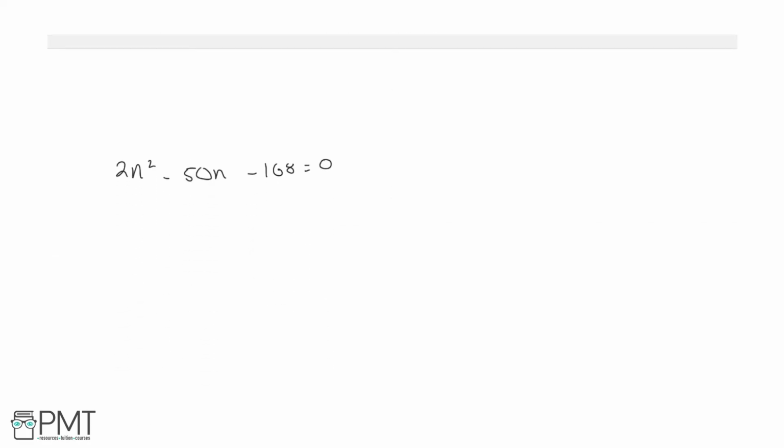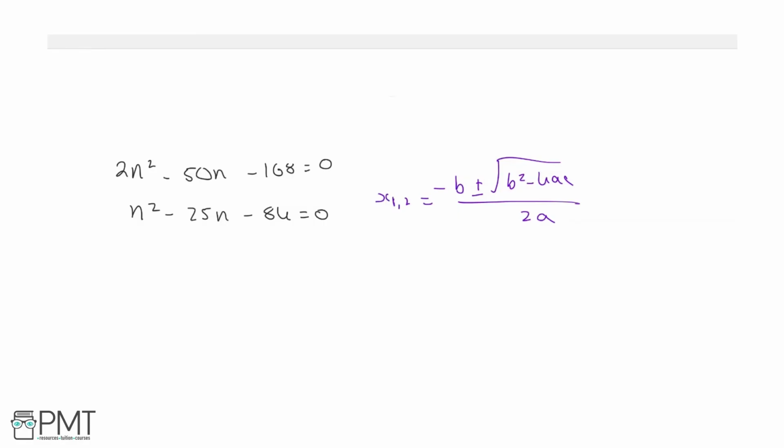We will divide both sides by 2 to get n squared minus 25n, and then 168 divided by 2 equals 84, minus 84 equals 0. And then we will use our quadratic formula, okay? The quadratic formula is minus b plus or minus the square root of b squared minus 4ac all over 2a, which gives us our two roots, our two solutions.